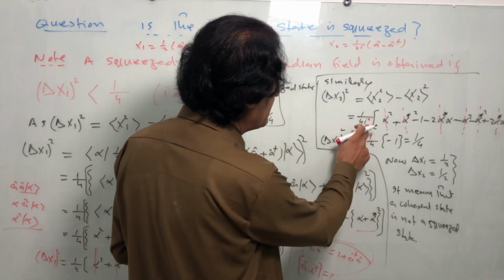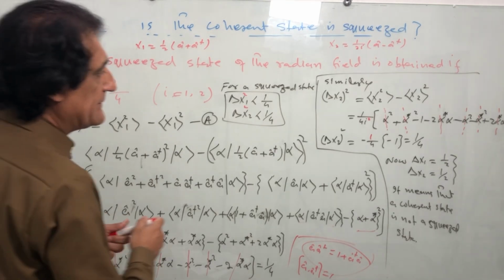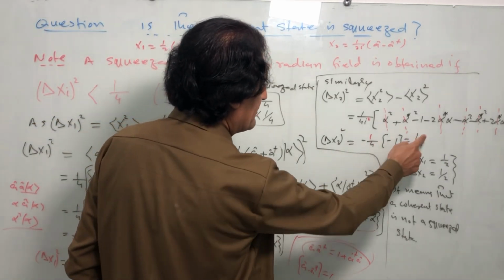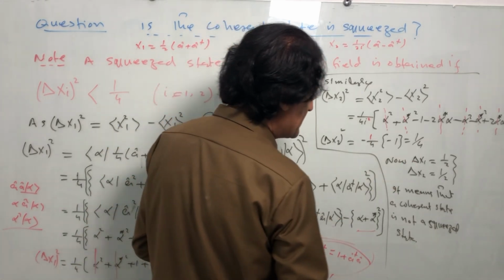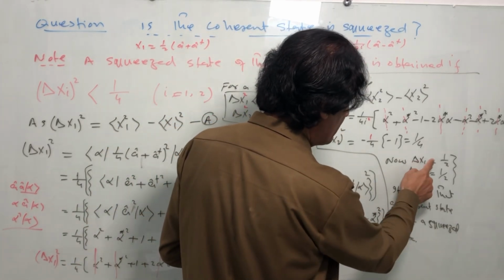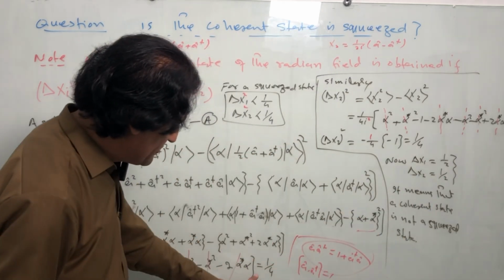So if this is i squared, then we get minus minus, giving 1/4. So from here we get two things: Δx1 is equal to 1/2, and Δx2 is equal to 1/2.